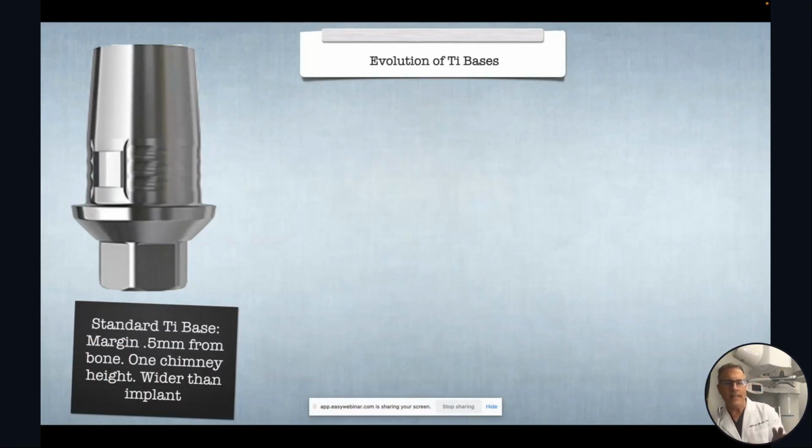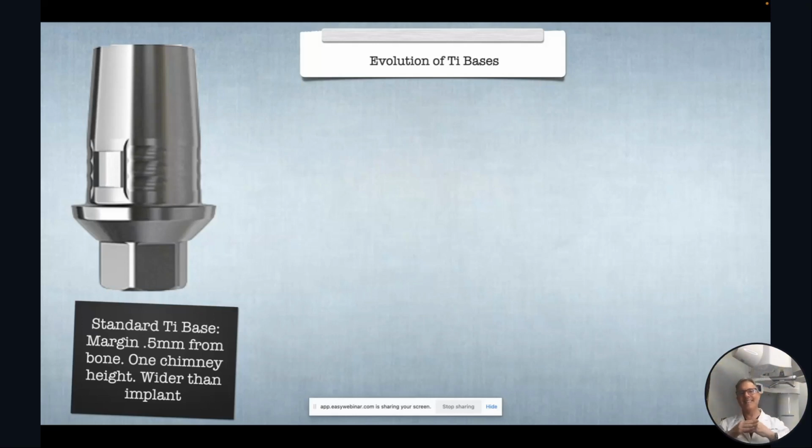One thing about tie bases: when tie bases first came out, I've got to tell you, the design was terrible. And the reason why it was terrible is twofold. One, that connection between the tie base and the restoration, or the tie base and the ceramic portion, is 0.5 millimeters away from the bone.